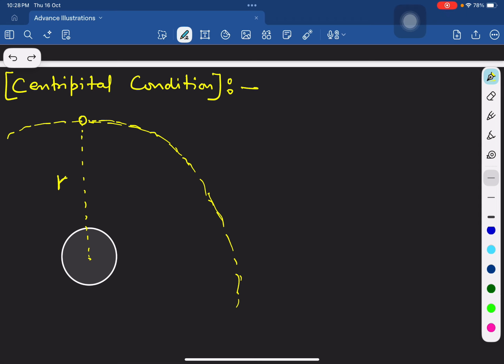Okay, so if you see guys here, as the moon, let's say guys, the moon reaches this point. Okay, the moon reaches this point, and if you see guys here, the moon has gone down a certain value.